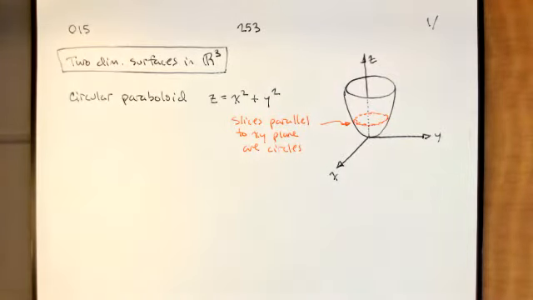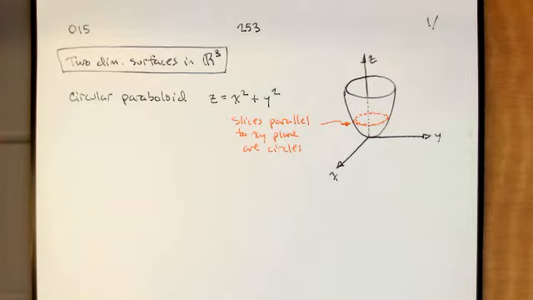When we look at slices parallel to the XY plane, we're going to get circles. We need to be able to see these circles in the equation as well.